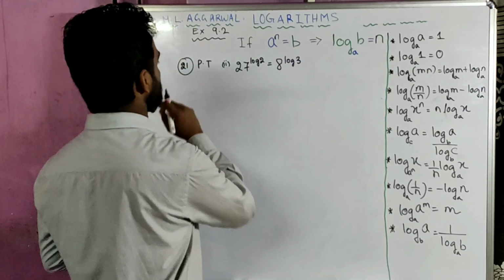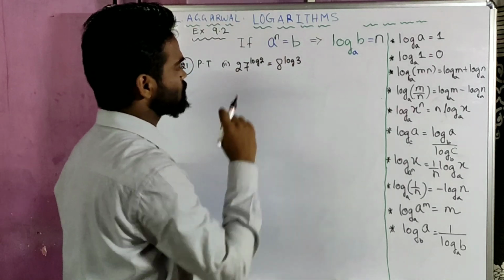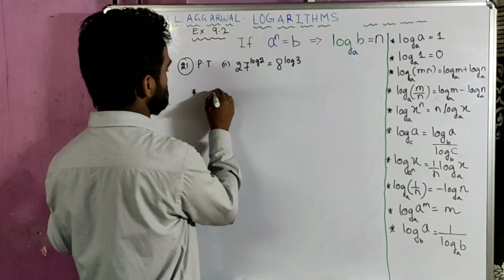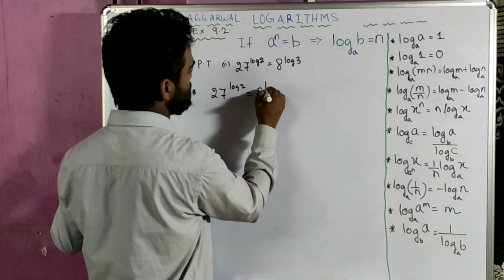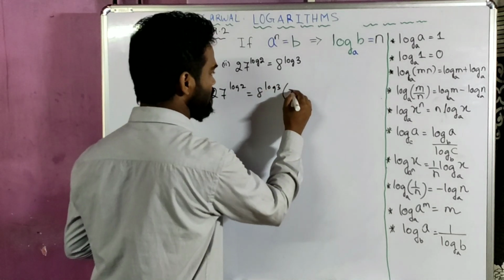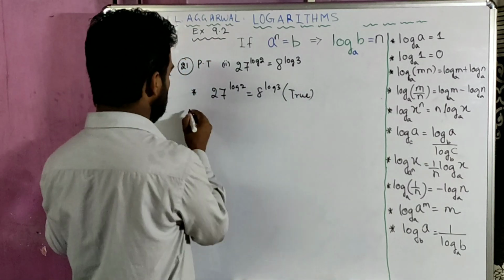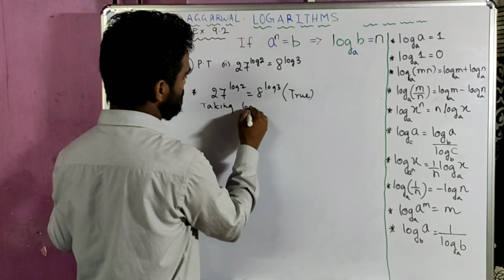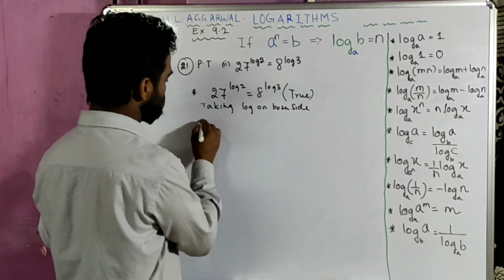Now let us see sum number 21. Very interesting. Prove that 27 to the power log 2 equals 8 to the power log 3. Look, how will I proceed? Now I'll assume that this statement is true. Taking log on both sides, what do we get?